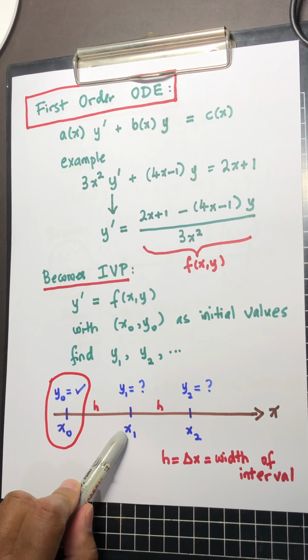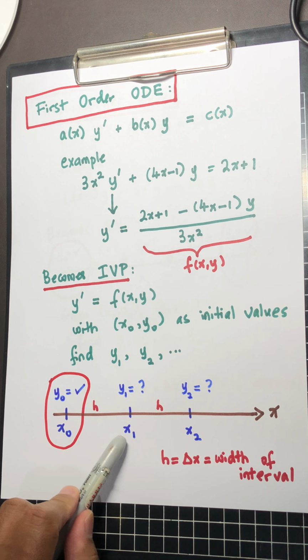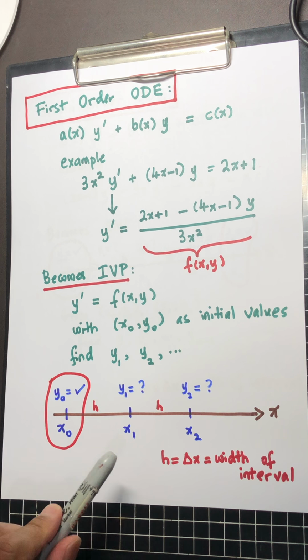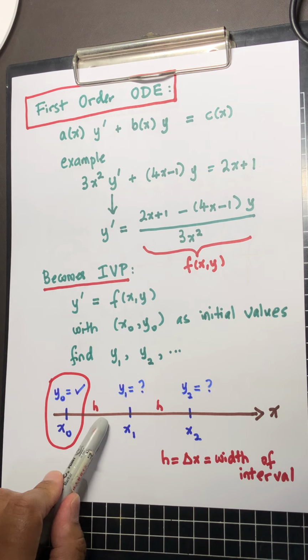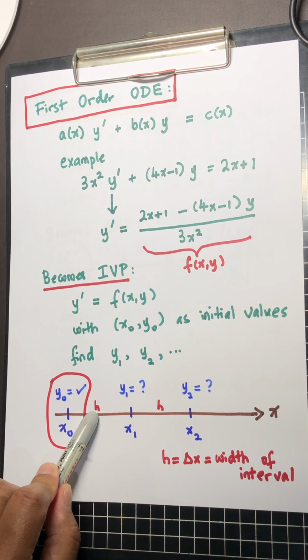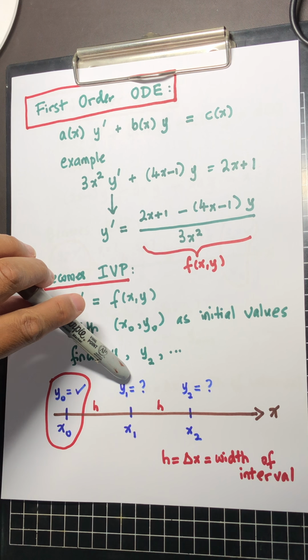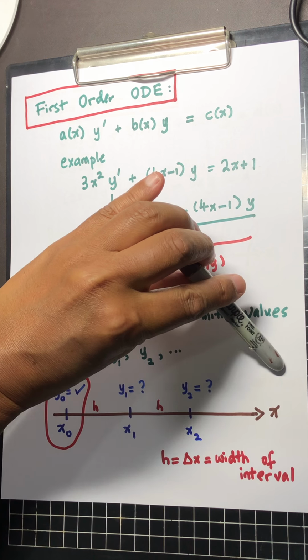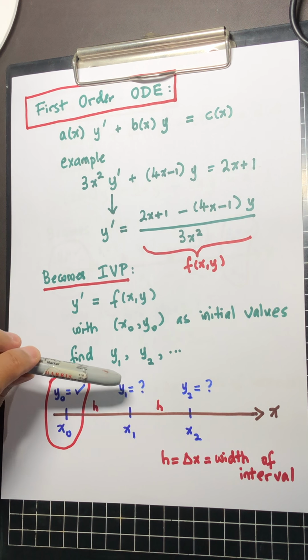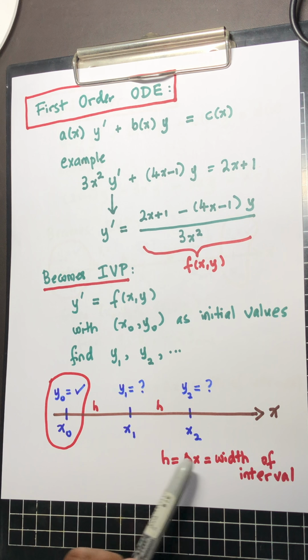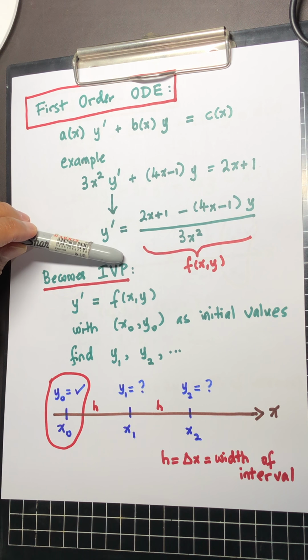And we know x1, the difference between x0 and x1 is h, which is the width of the interval. It can be found actually, no need, just simple calculation, h is just x1 minus x0. So h is the width of the interval given. So from here we need to find y1, y2, and everything else. So in the exam, normally we need to find y1, or sometimes y1 and y2. So this is called initial value problem.